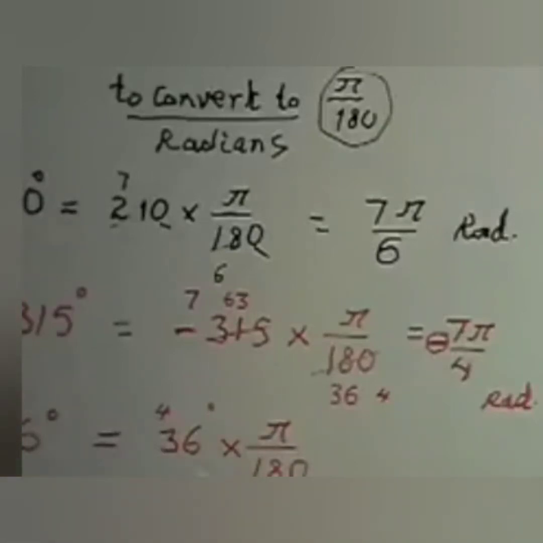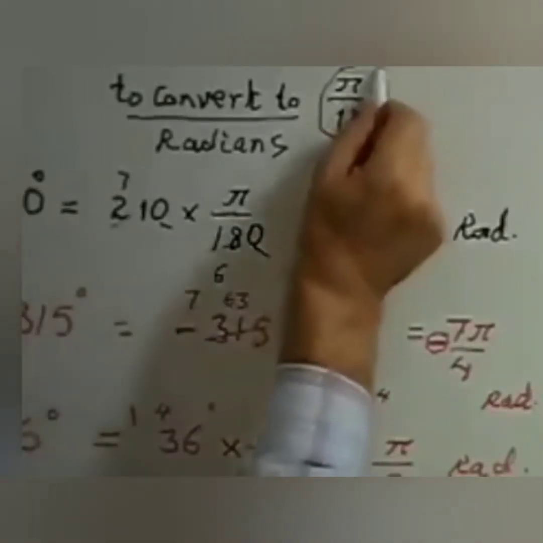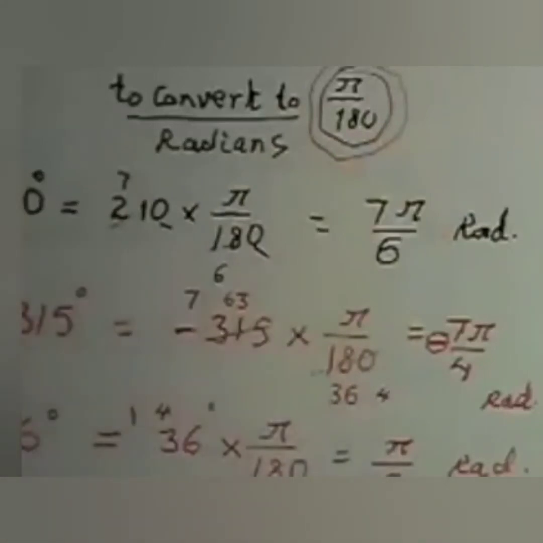Also you can divide by 4, both of those. By 4 it will be 1, and 20 divided by 4 will be 5. So the result is 1 times pi over 5 radians. And that's it. So every time you want to convert into radians, you have to multiply by pi over 180. Okay?